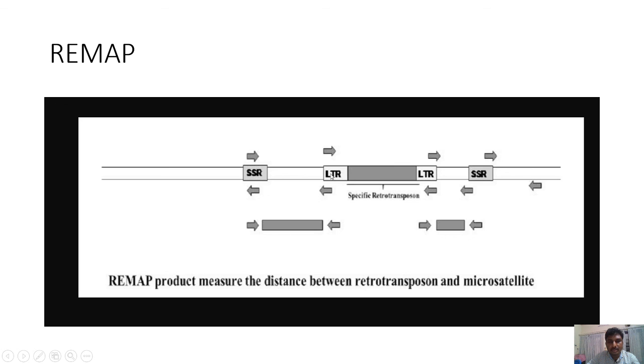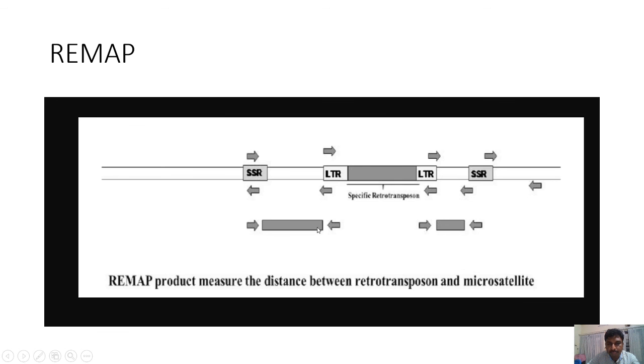This is depicted in this picture. This is one retrotransposon having LTR flanks on both of its ends, and here you can see a satellite region or microsatellite region. One primer is designed against this microsatellite region and another against the LTR. So this region will get amplified.